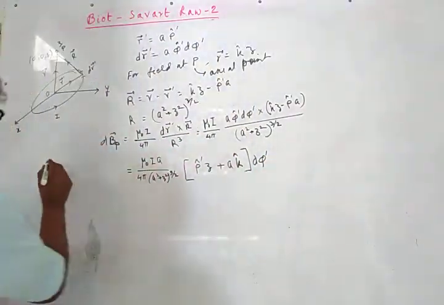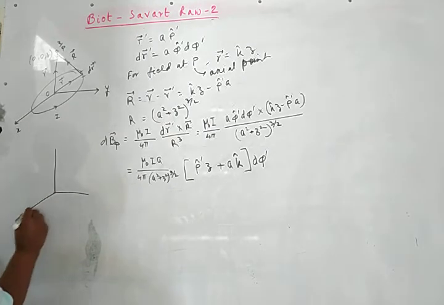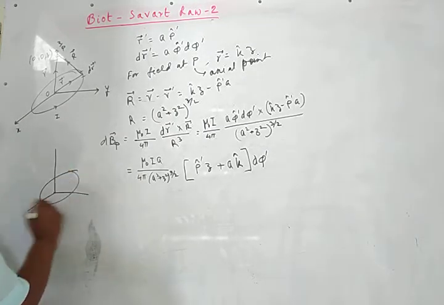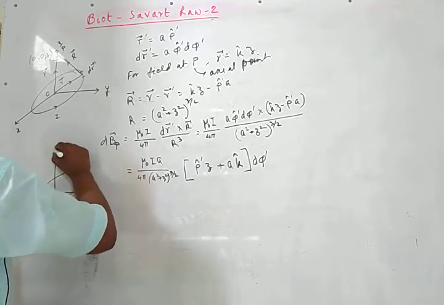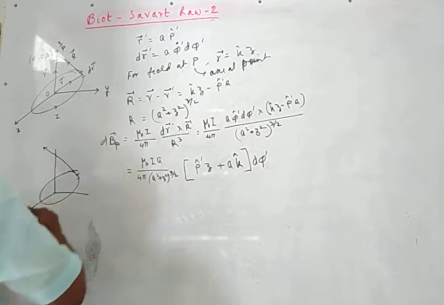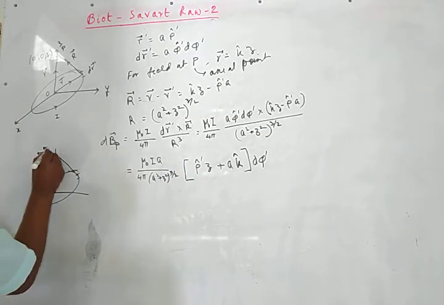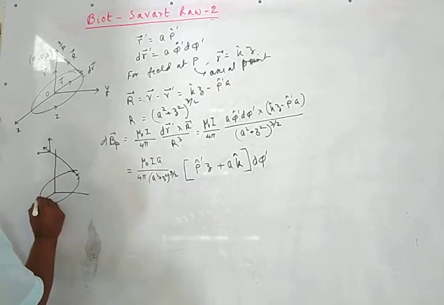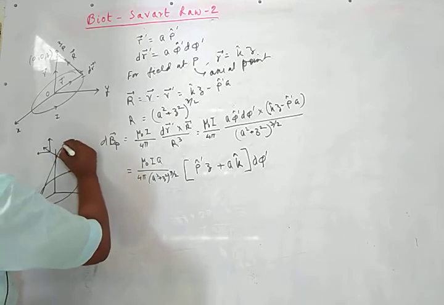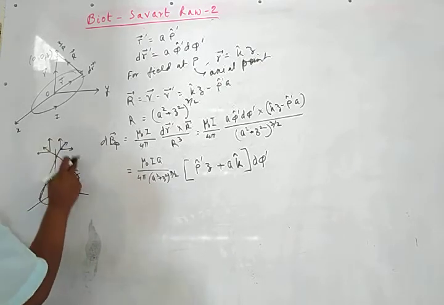So we see that if we calculate the field, if we consider this element, the field will have two components, one along this direction, another along this direction. If we consider a diametrically opposite point, these are the components.